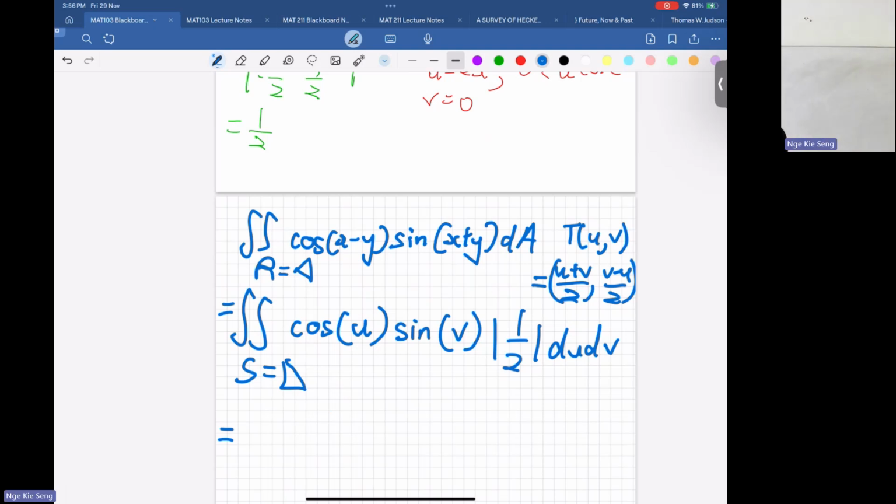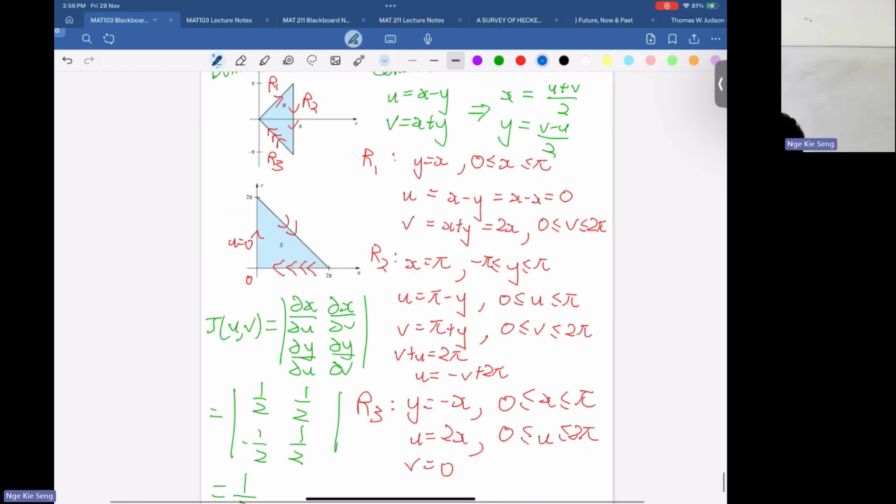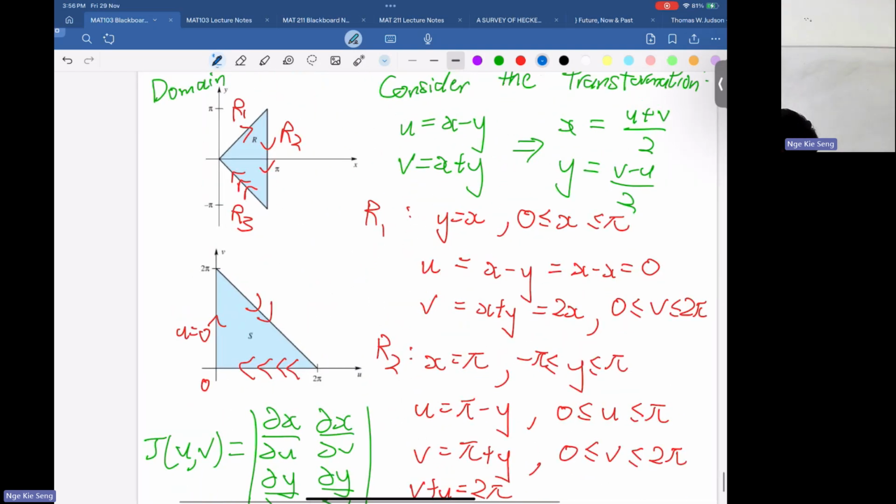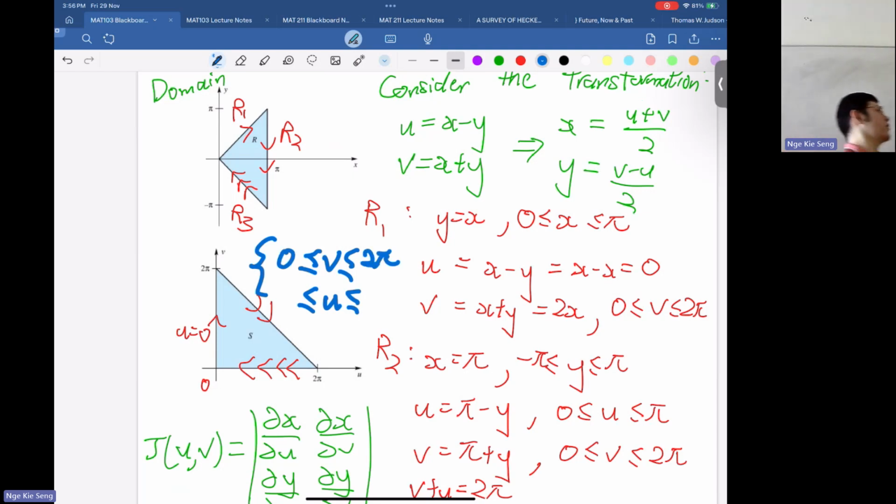So what's the new integration domain here? Let's say we want to do u, v. Meaning we want to fix v first with a constant, and then fix u depending on v. So v is going from 0 to 2 pi. If we go from 0 to 2 pi, how do you control u?